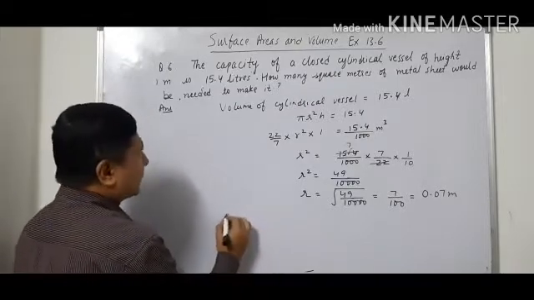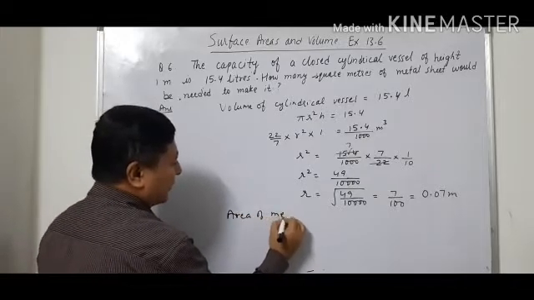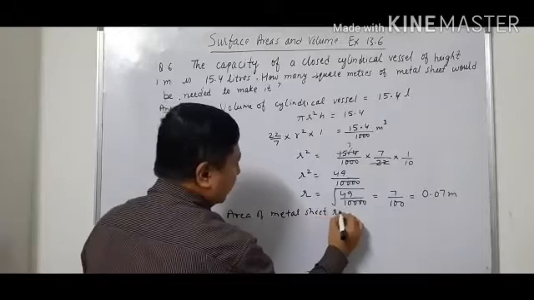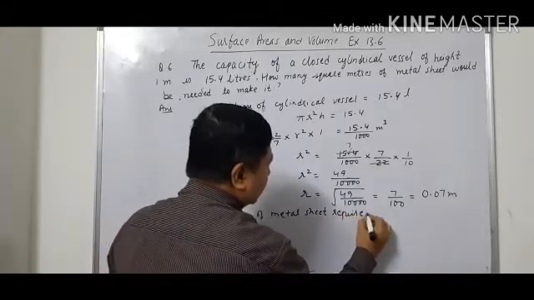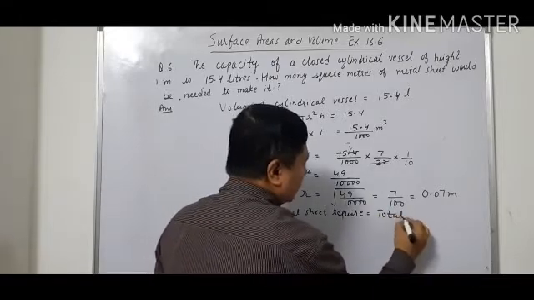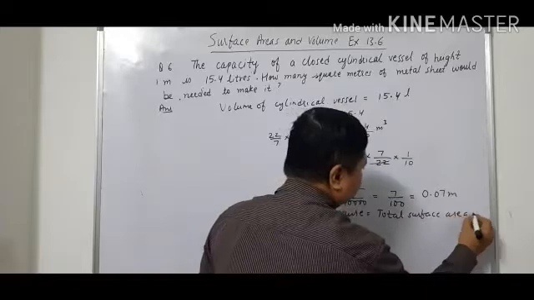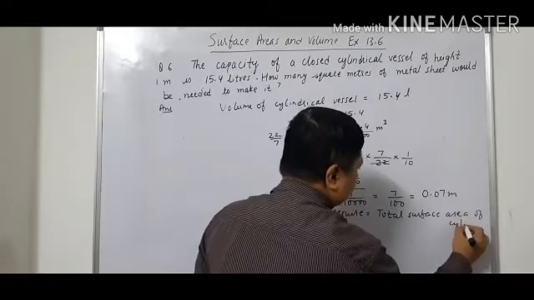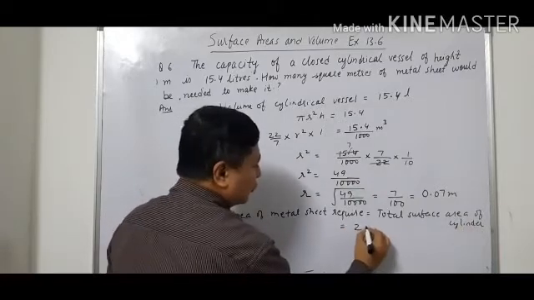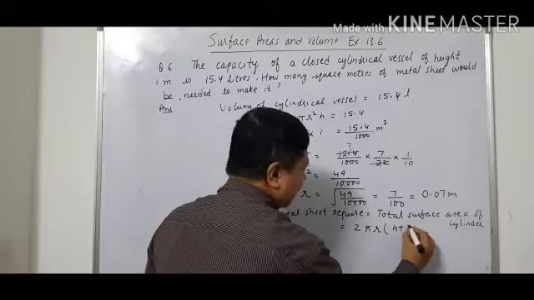So the area of metal sheet required will be equal to the total surface area of the cylinder, and we know the total surface area formula is 2 pi r times h plus r.